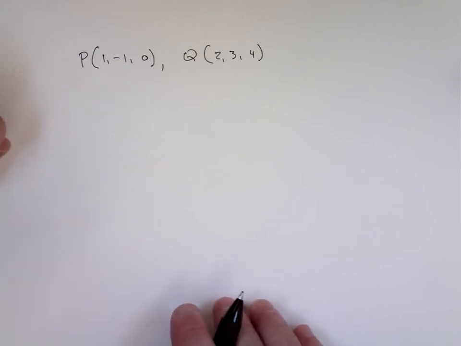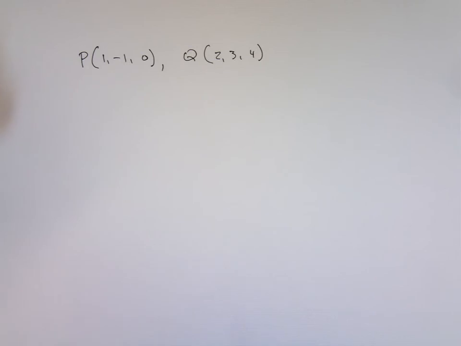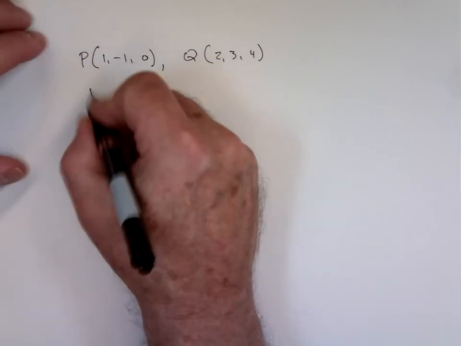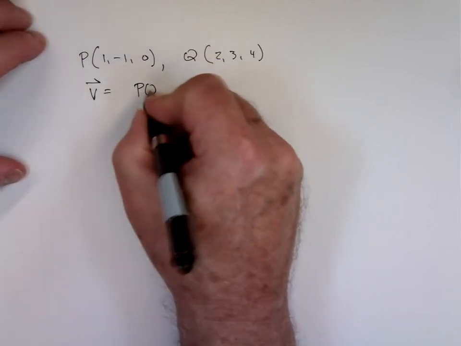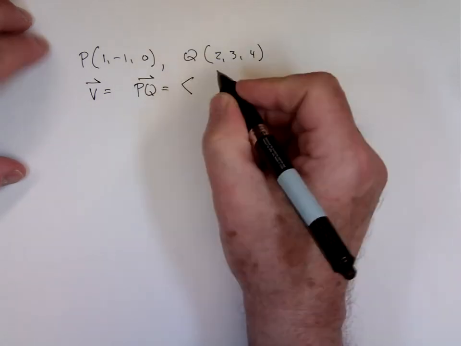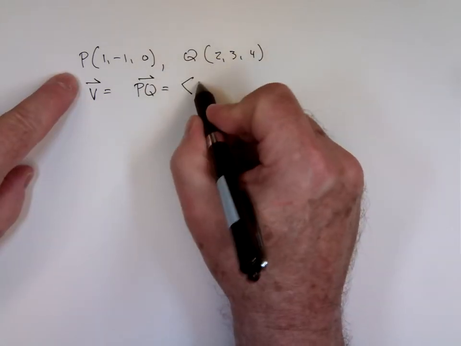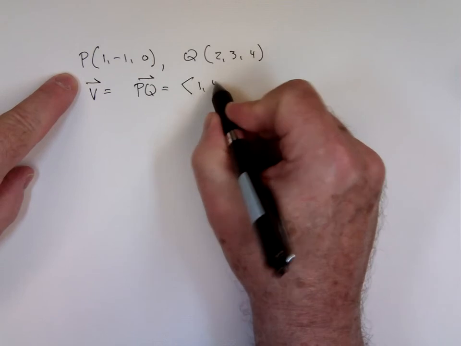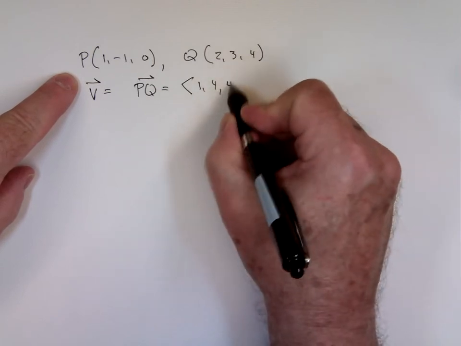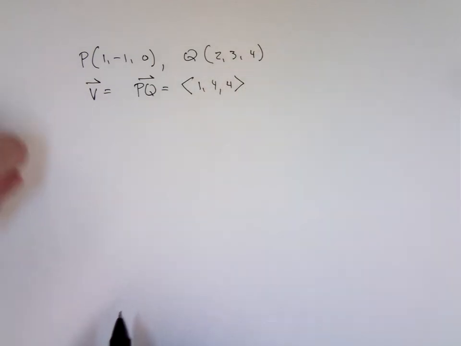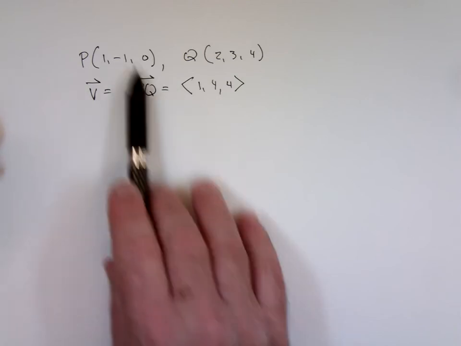We need a direction vector, which is the vector PQ, which is 2 minus 1, 3 minus negative 1, 4 minus 0. That's our direction vector. We need a point. I'll tell you what, take either one, it doesn't matter.